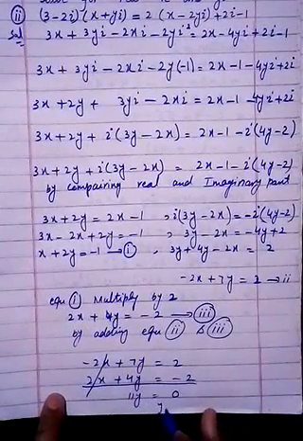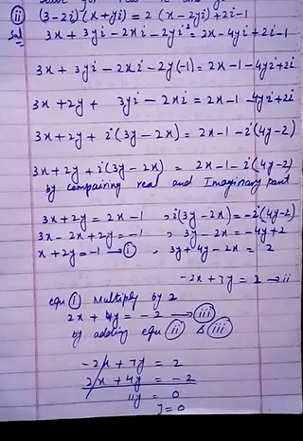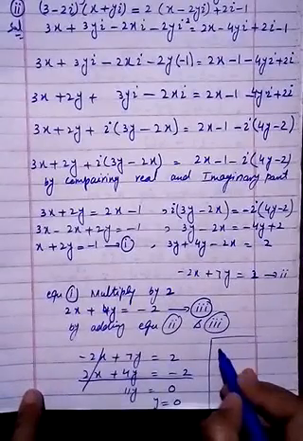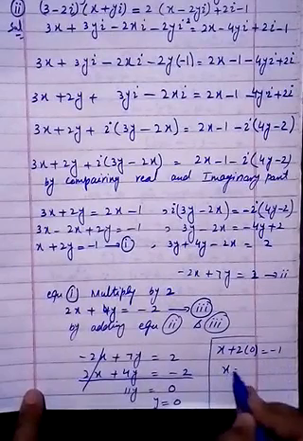So y equals 0. Now you have to put y equals 0 in equation number 1 to get the value of x. Like this, put y equals 0 in equation number 1, then x plus 2 into 0 minus 1, so x equals minus 1.